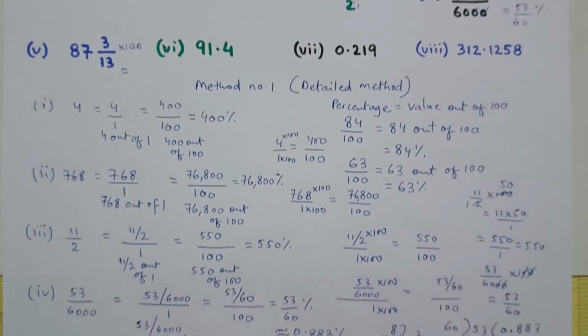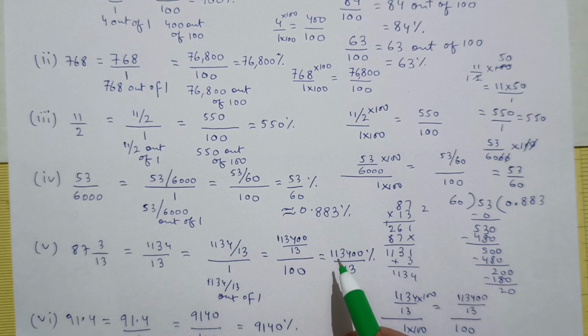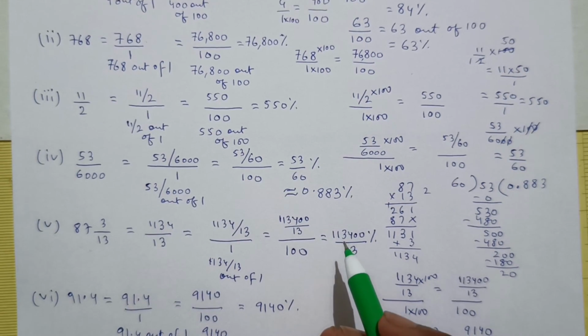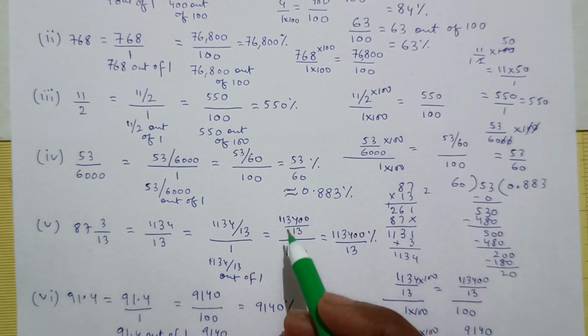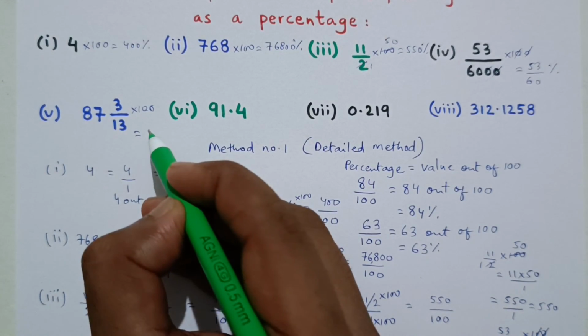Similarly, 87 3 by 13, if you multiply it by 100, you will get 1113400 by 13, and that is the percentage.